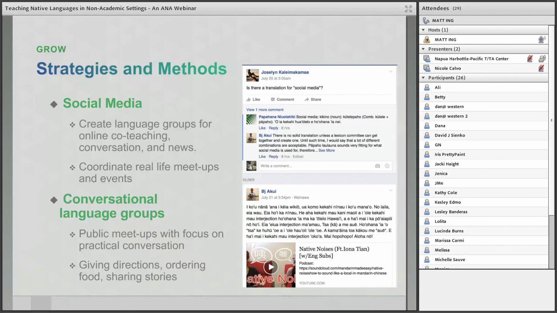And so you have, is there a translation for social media? And one of the people who was in the group says social media is a noun. Kikino is a noun, and kulelepahu is probably the word for both of those that would be utilized in social media.